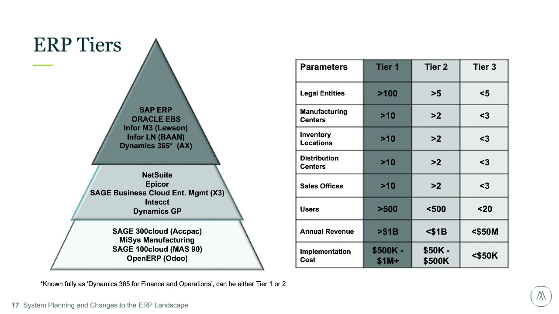Tier 1 ERP systems have deeper capabilities. They are typically focused on large enterprise and upper mid-market entities. They can support unlimited organization structure. They support higher user count, global revenue base, and they're usually more expensive.